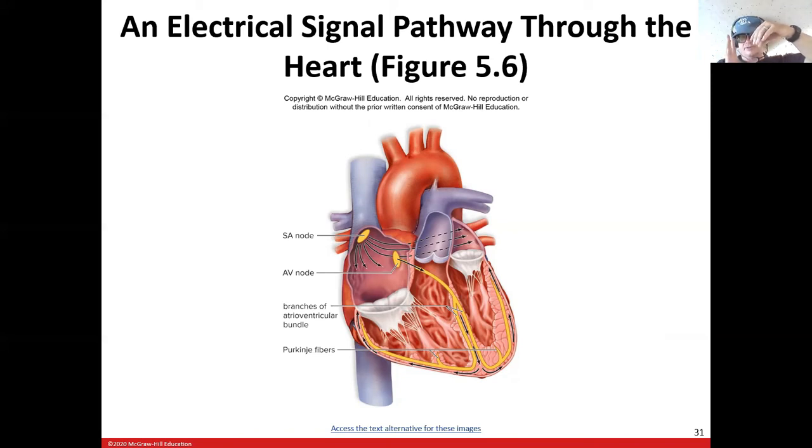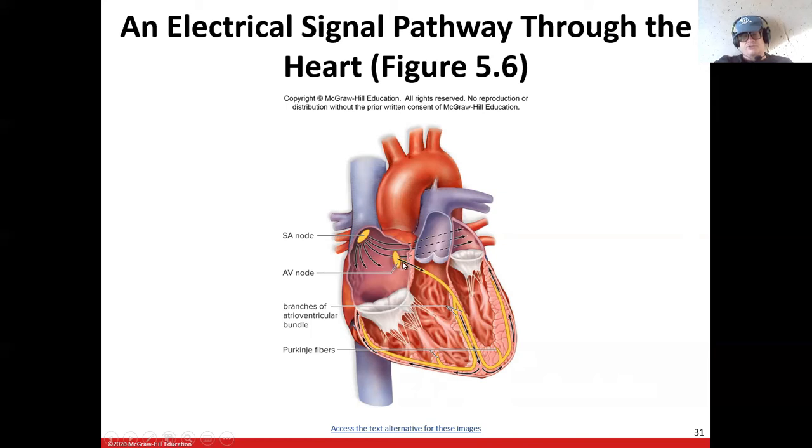But then we need the ventricle to contract. So we have to have a connection. But what's really interesting is how we do it. The connection between the atria and the ventricle would be right here. It's hard to tell when you're looking right here, but these yellow Purkinje fibers are actually traveling down the atrioventricular septa.